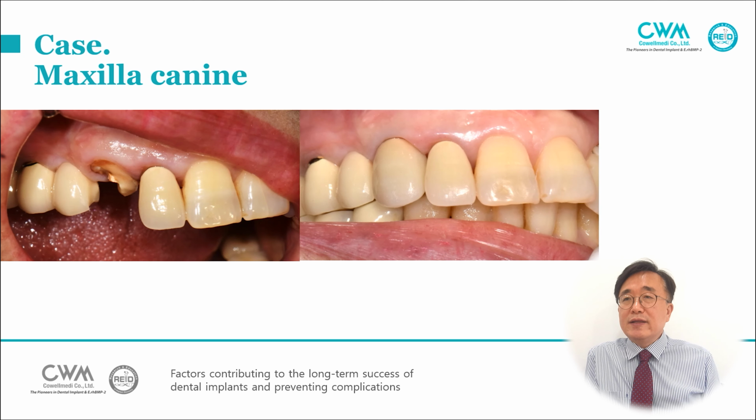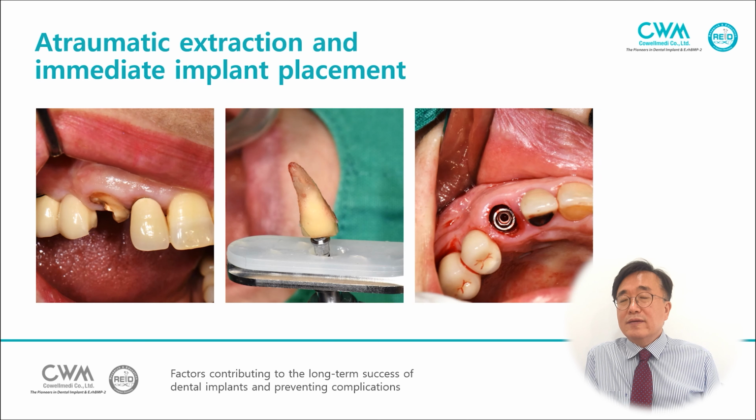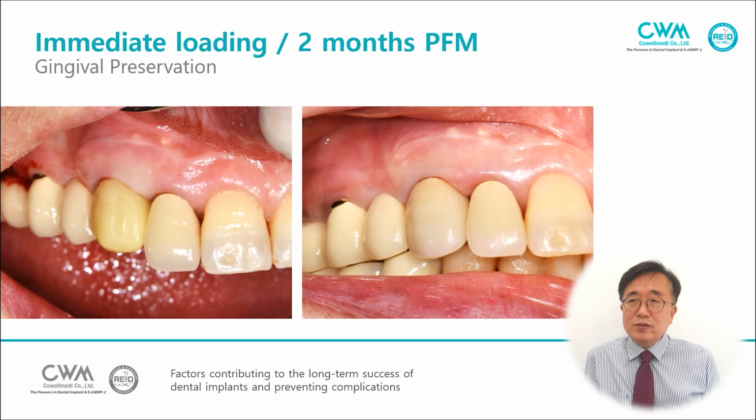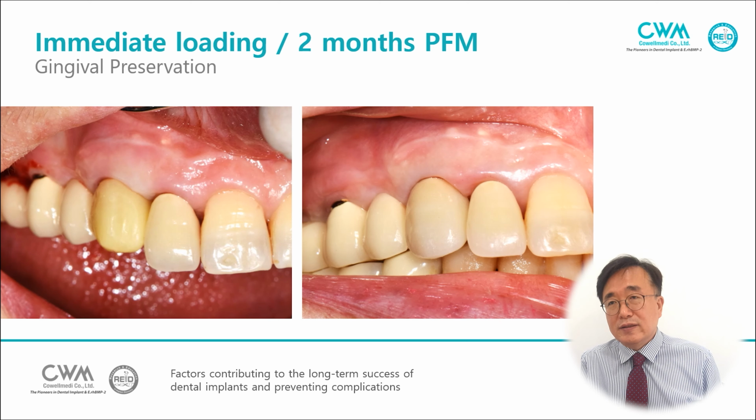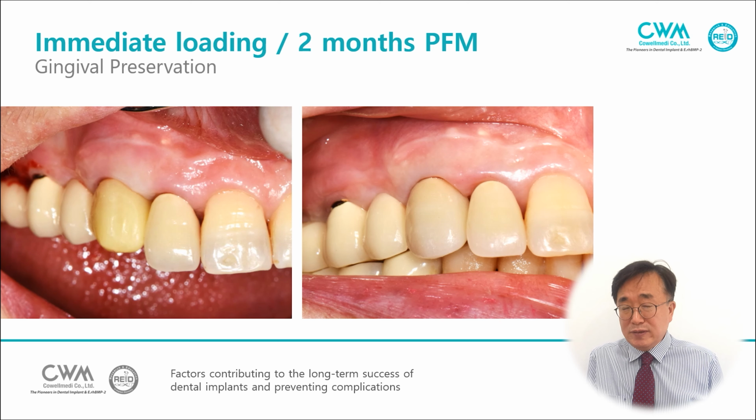Case: a maxillary canine is extracted, and atraumatic extraction is critical, and the implant is placed on the lingual side or palatal side, and then the provisional restoration is set immediately, and after 2 months, the final restoration was inserted. So we can maintain the gingival line with the emergence profile of the provisional restoration.